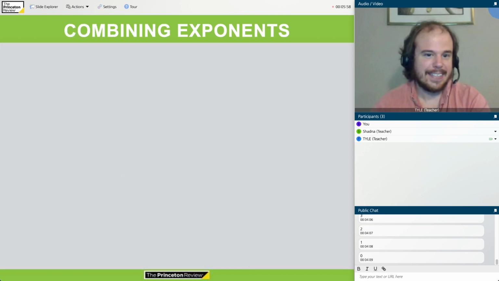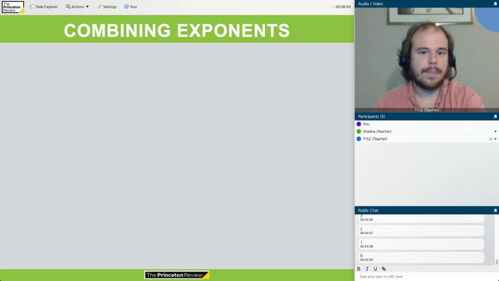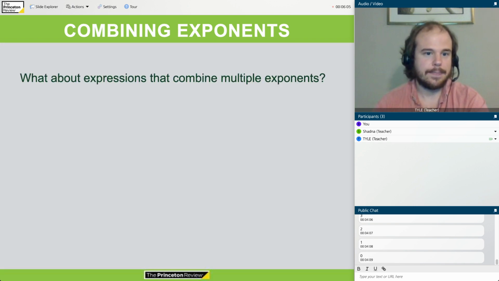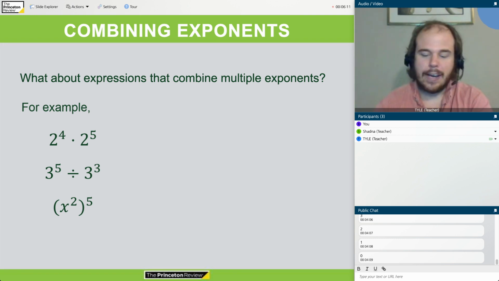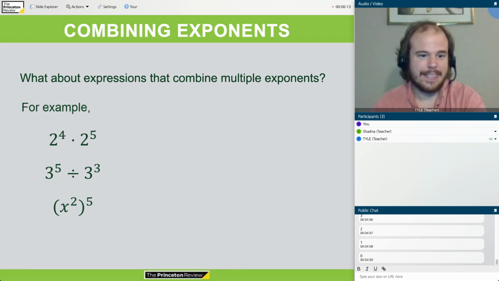What happens if we try to combine multiple expressions, each of which involves exponents? Here are a few examples. First, how about 2 to the 4th times 2 to the 5th?